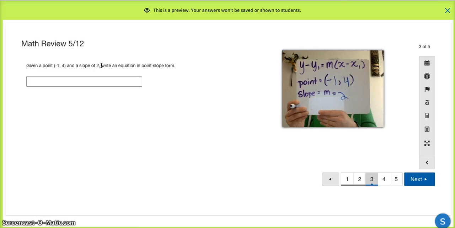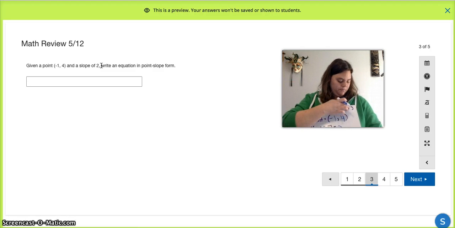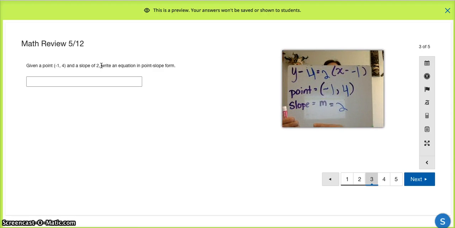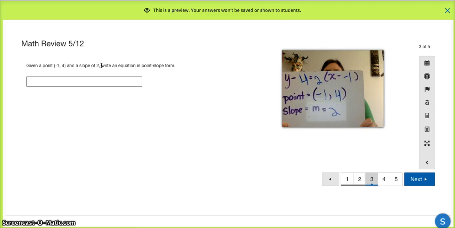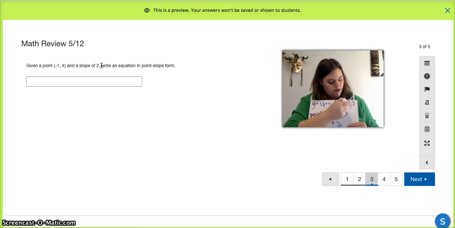Now that I have my values, I need to plug them in. So y1, that's going to be my 4. M, that's my 2. And x1, that is my -1. Before we are done, we need to make one final adjustment, and that is to this right here.